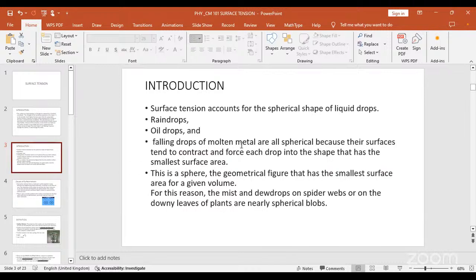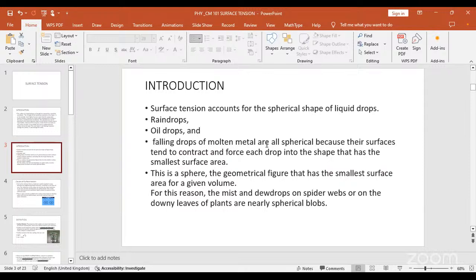We can have drops of molten metals. Let's say we heat up a metal to a high temperature, such that it is in a liquid form.